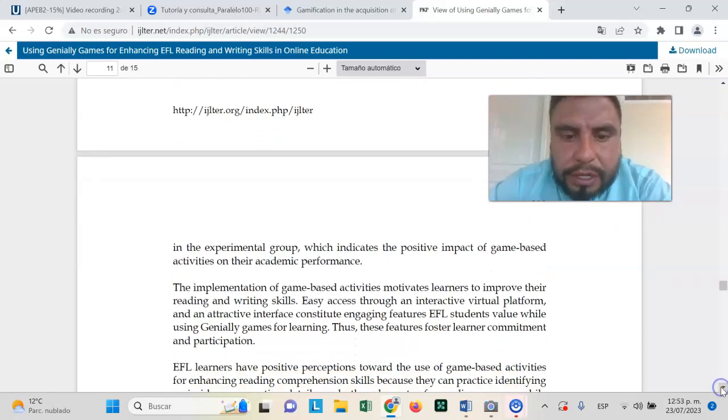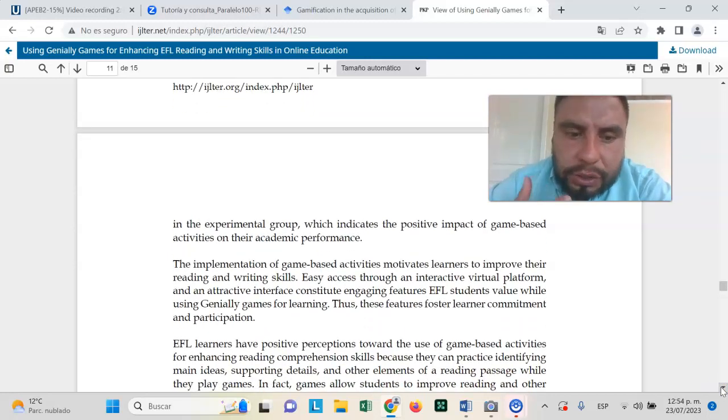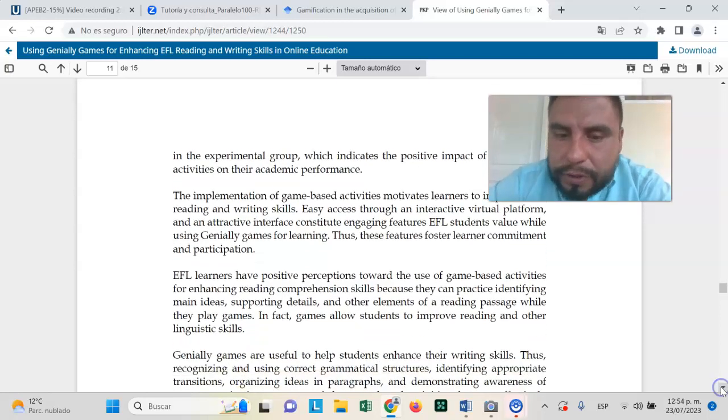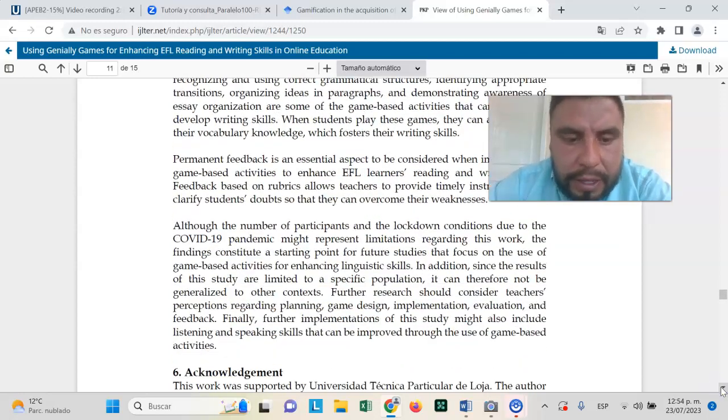In this journal, the conclusion is that the use of gamification or games to teach EFL was a very useful activity, because the students integrated ideas and even the knowledge they already had to improve their linguistic skills.